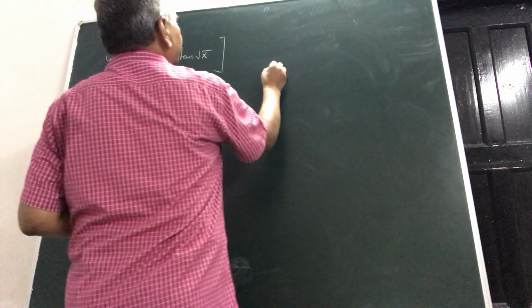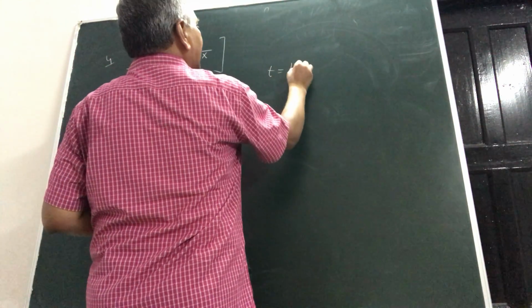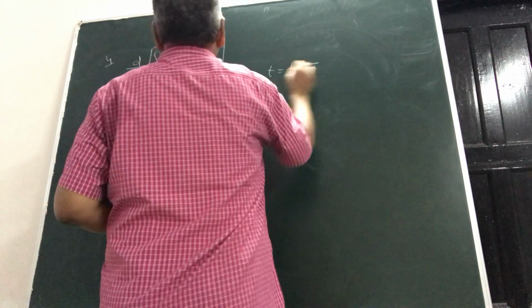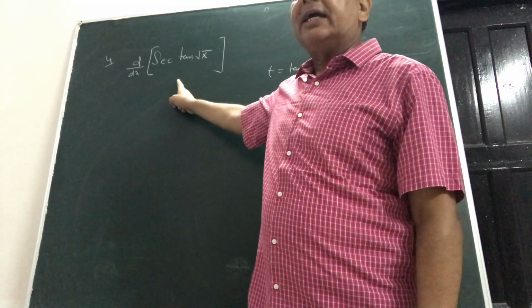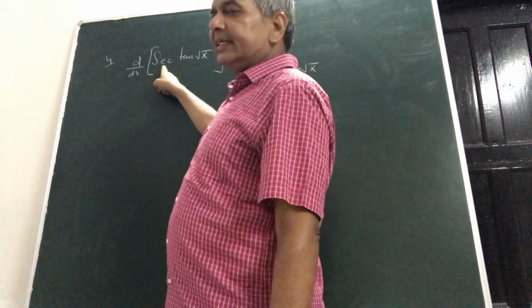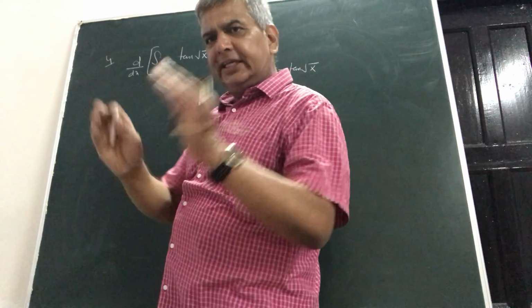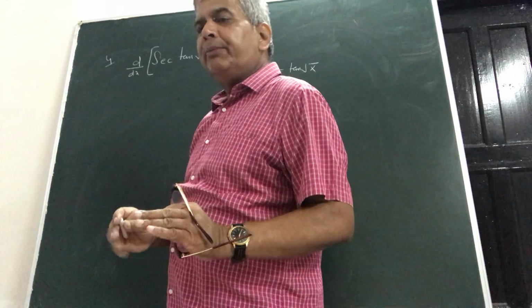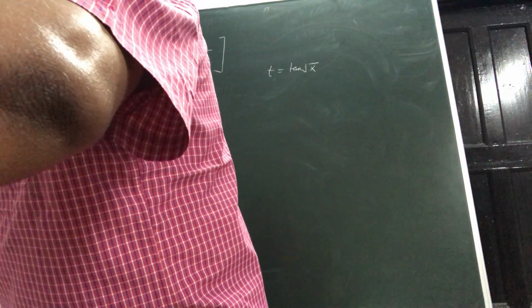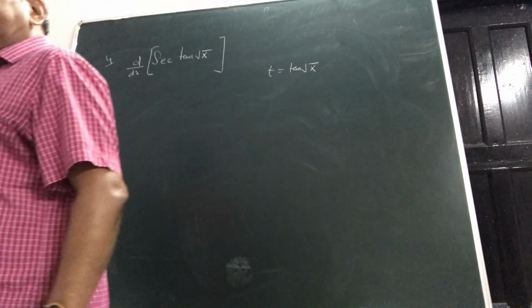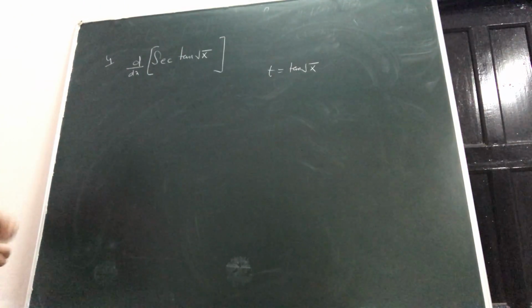Put t is equal to tan root x. Instead of taking it to be the composition of 3 functions, better assume it to be the composition of 2 functions. Sec is the outermost, and the rest of all the thing you take to be your internal function. Because otherwise we had to apply this rule twice. Now see how.